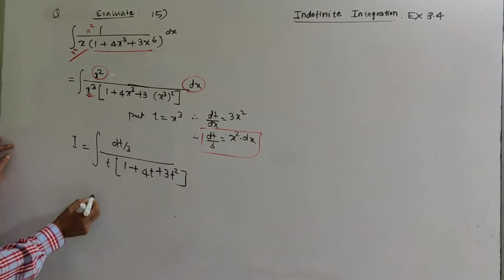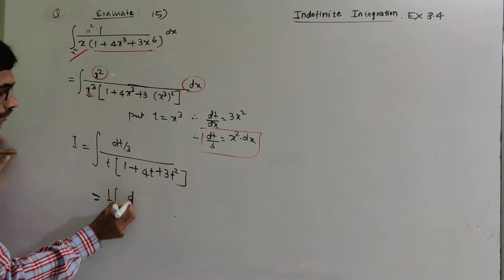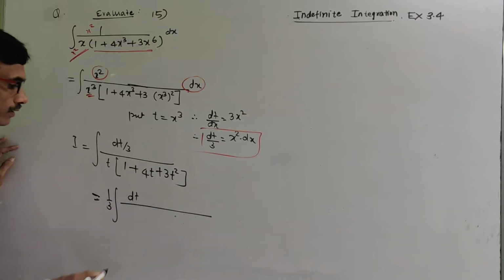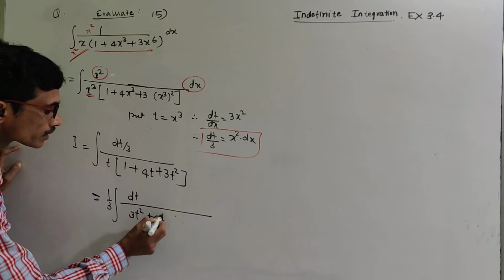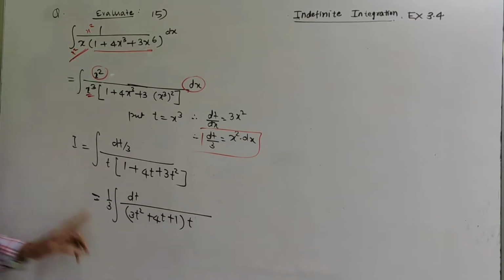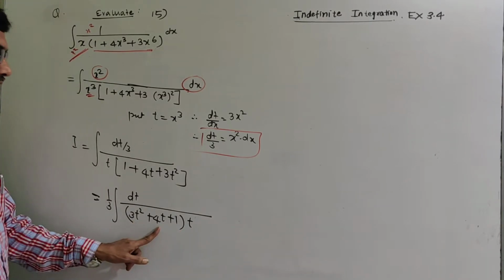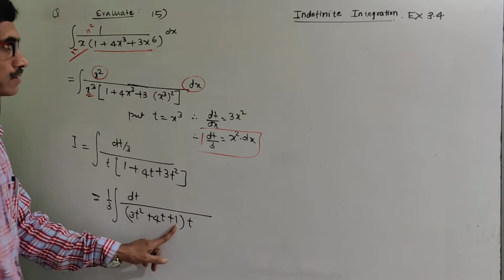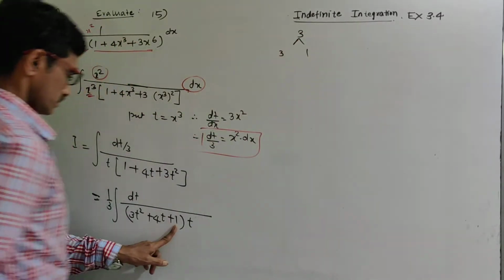So 1 by 3 right outside the integral, 1 by 3 इंटीग्रल साइन के बाहर लिखेंगे हम, dt upon 3t square plus 4t plus 1 and into t. तो इसके वापस हम फैक्टर्स फाइंड करेंगे. So factors are 3 into 1, that is 3. We factorize 3 plus 1, that is 4.